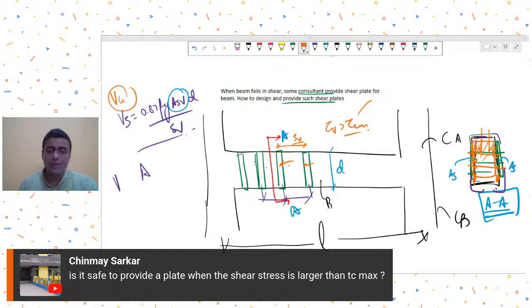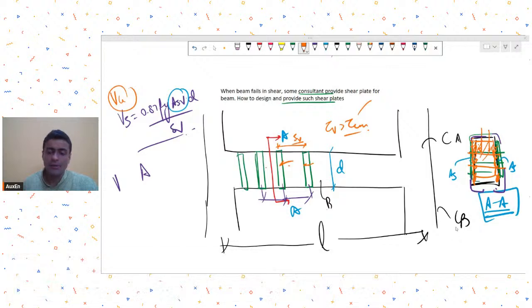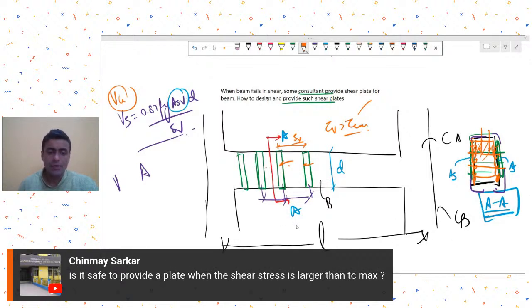Even though the concrete is failing, it still has to transfer the forces to the shear plates. So I would not suggest doing this if tau v exceeds tau c max. That criterion should still be satisfied. This is my opinion.